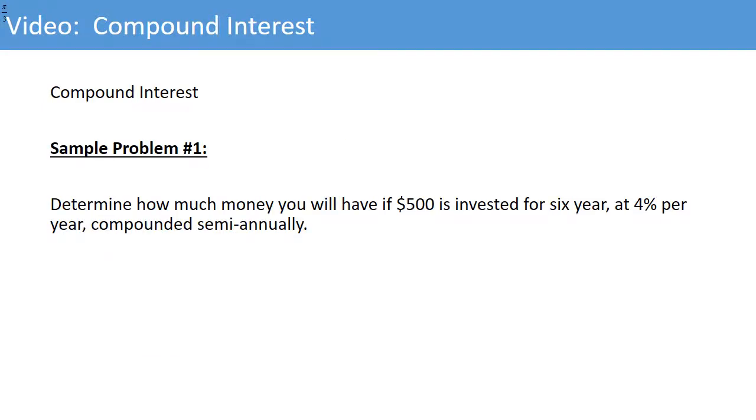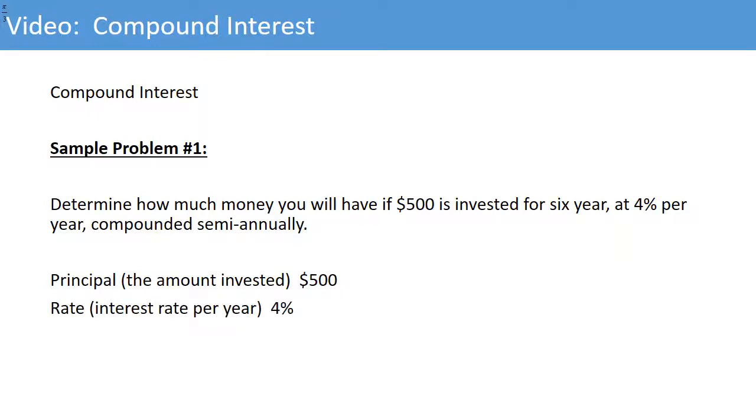Here is a sample problem. How much money will you have if you invest $500 for 6 years at 4% per year, compounded semi-annually? Now, the principal amount is the amount we invest, $500.